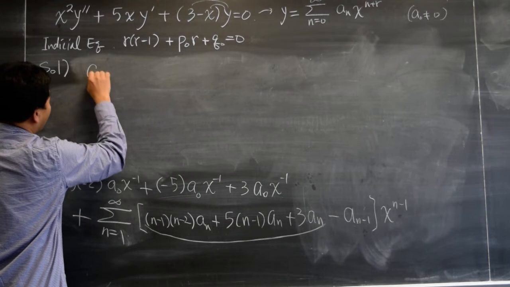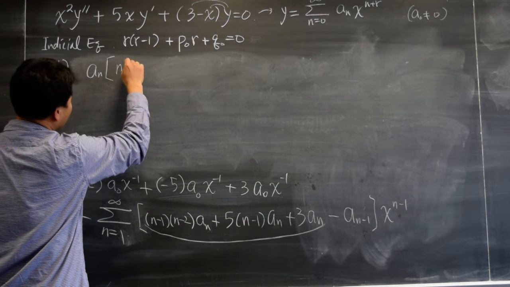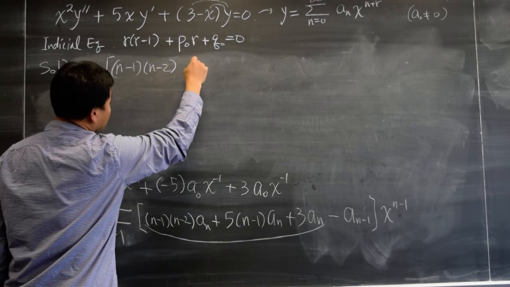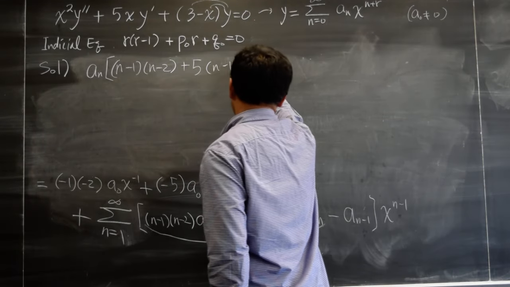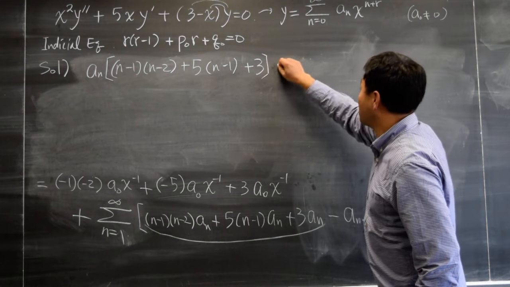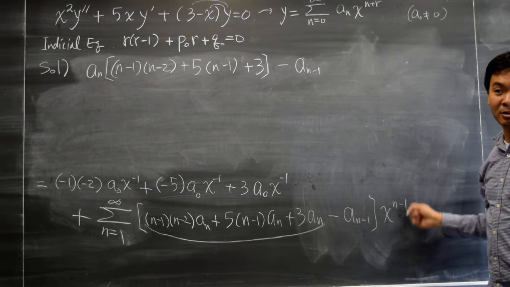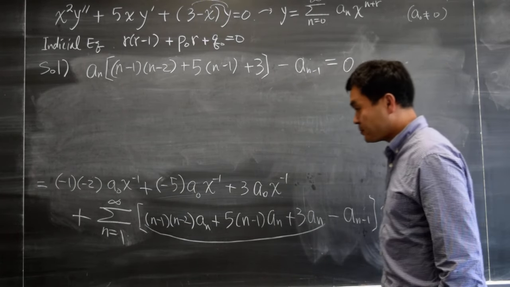So the first three terms is an times n minus 1 times n minus 2 plus 5 times n minus 1 plus 3. And then the other one is minus an minus 1. That's the coefficient of some terms, and therefore this has to be equal to 0.